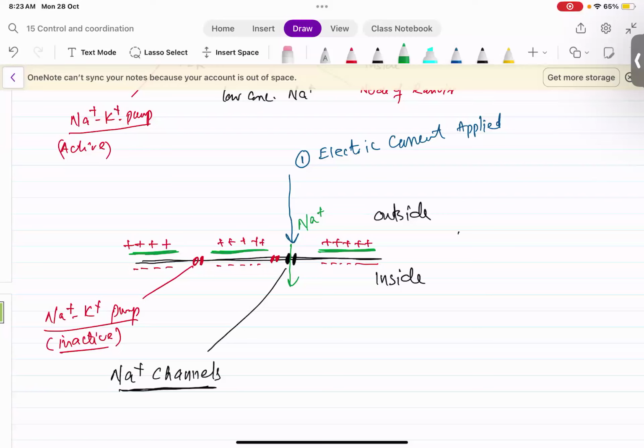As more and more sodium ions enter, the inside becomes positively charged and the outside becomes negatively charged.